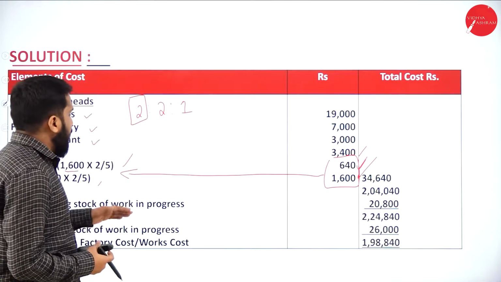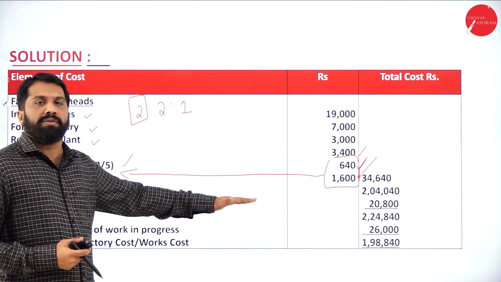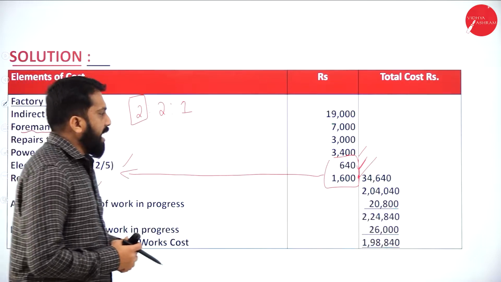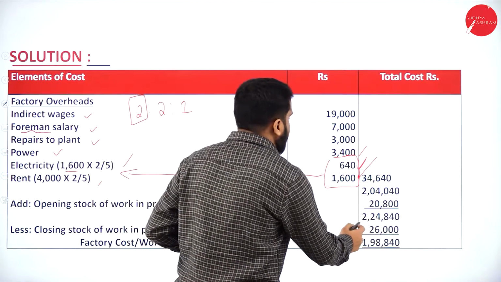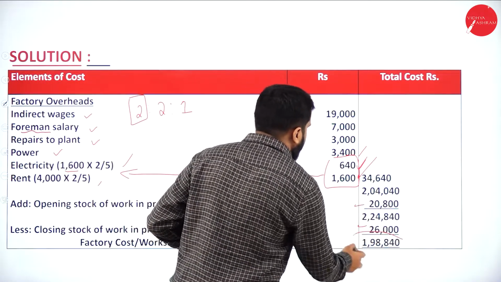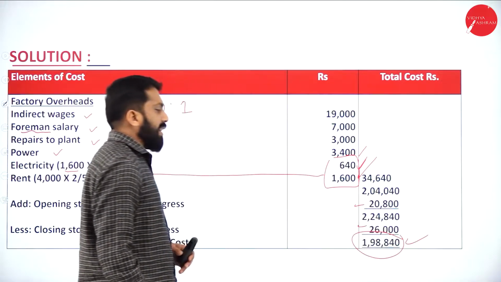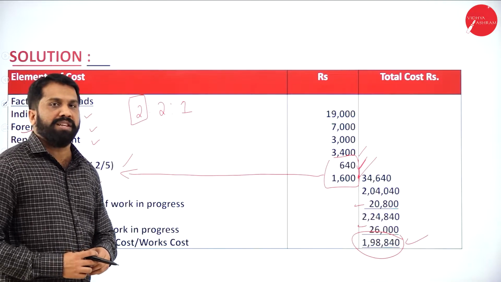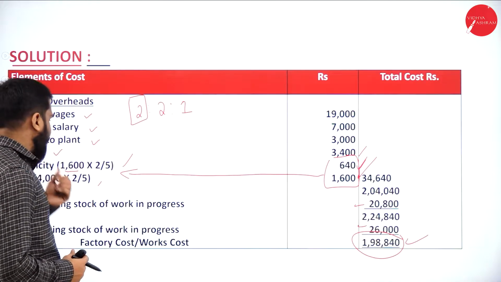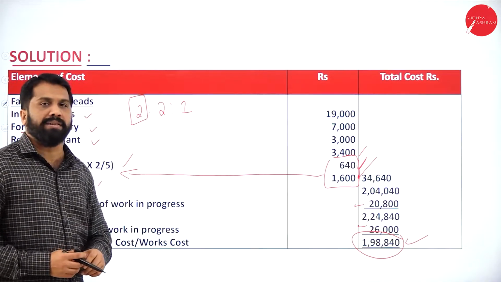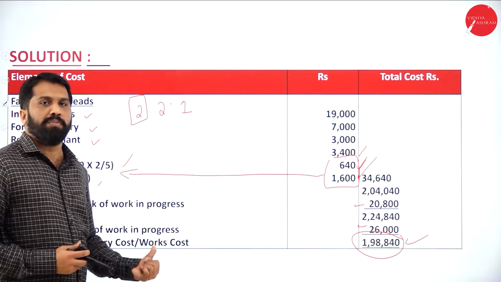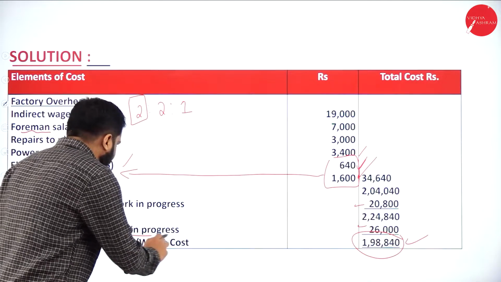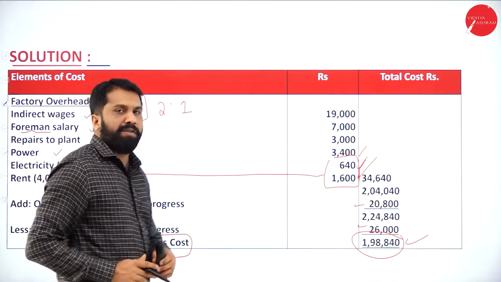Now, add your opening stock of work in progress minus closing stock of work in progress. We added opening stock, we deducted closing stock. What is your final answer? 1,98,840. This is what we call your factory cost, or else we can call it work cost. Hope you understood. Yes, up to this we call it factory or work cost.